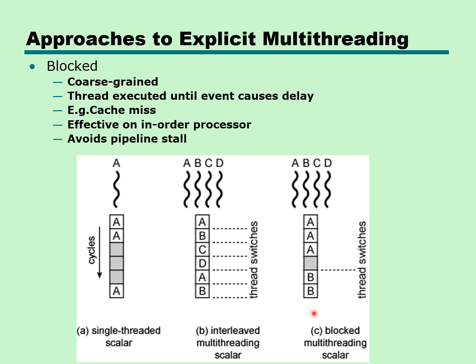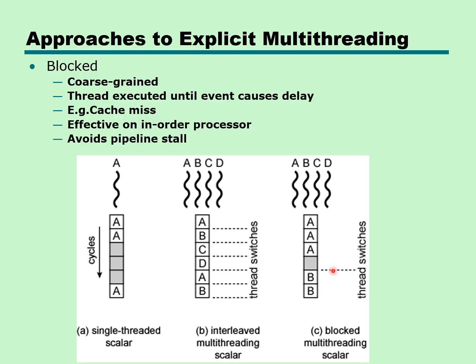You can go for another type of explicit multi-threading, which we call blocked multi-threading. This is coarse grained, and you can see that thread A gets executed, and when there is a stall, there is a thread switch to the next thread.